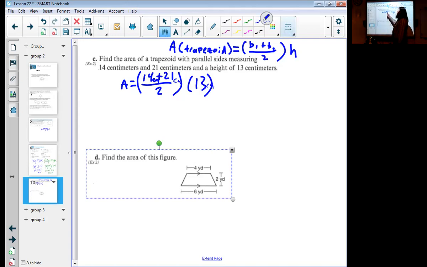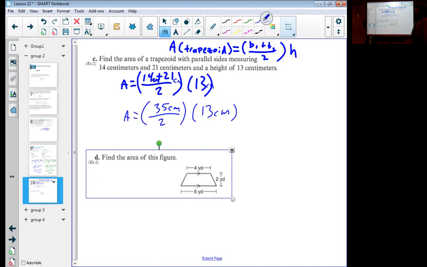We go inside of our parentheses, inside of our grouping symbol. We have 14 plus 21: 4 plus 1 is 5, 1 plus 2 is 3, so 35 centimeters over 2 times 13 centimeters.